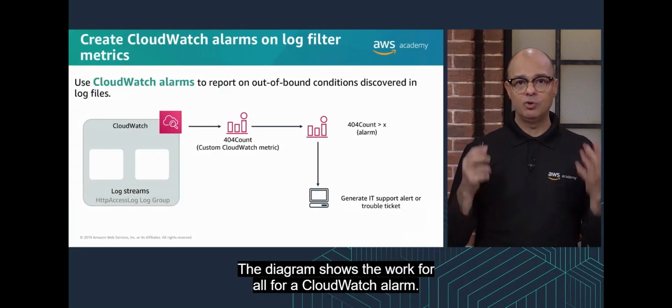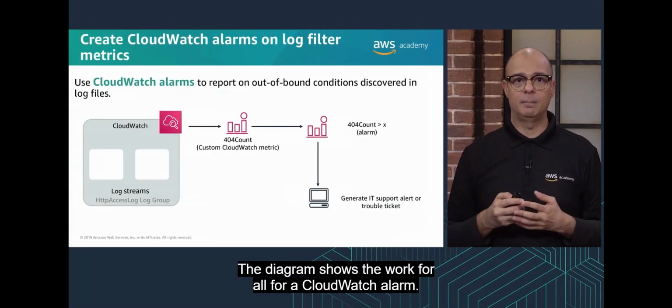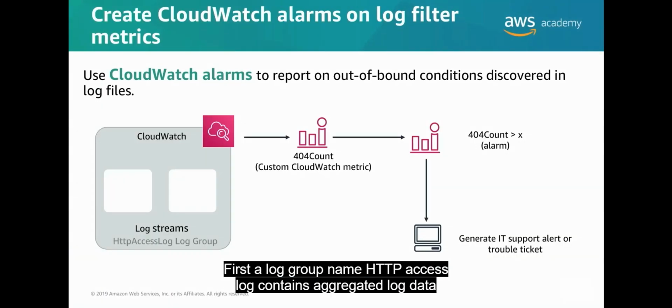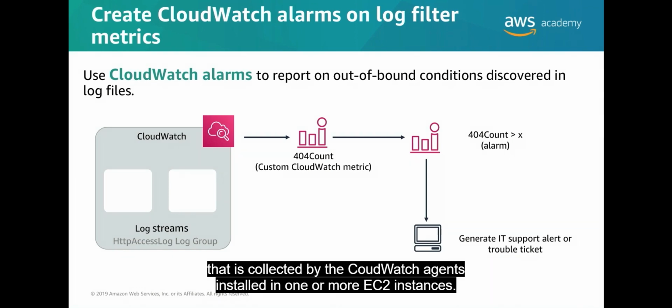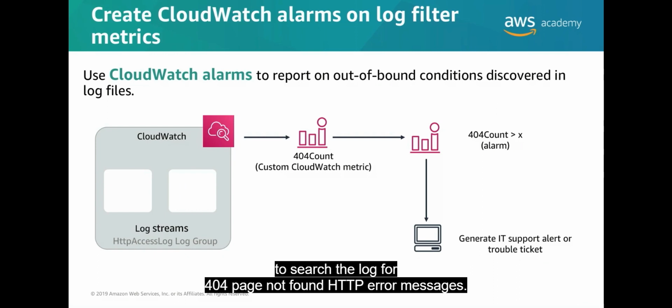The diagram shows the workflow for a CloudWatch alarm. First, a log group named HTTP access log contains aggregated log data that is collected by the CloudWatch agents installed in one or more EC2 instances. Then, an administrator creates a custom CloudWatch filter on the log group to search the log for 404 page not found HTTP error messages.